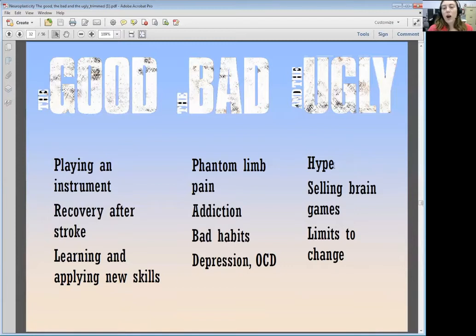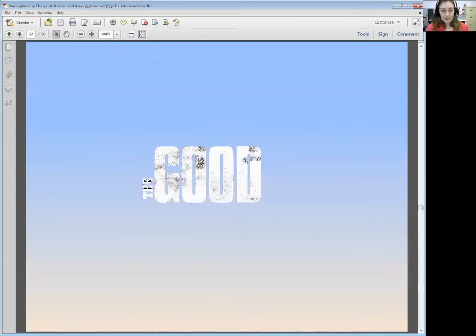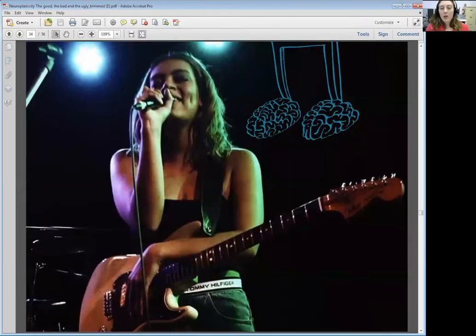So there's a lot of hype around neuroplasticity. It can be used for selling things that may or may not be helpful. And it's also important to recognise that there's limits to how much the brain can change. Okay, but let's start with the good.